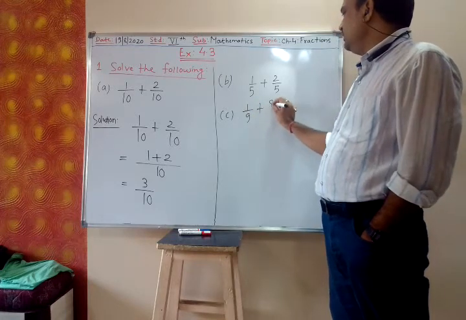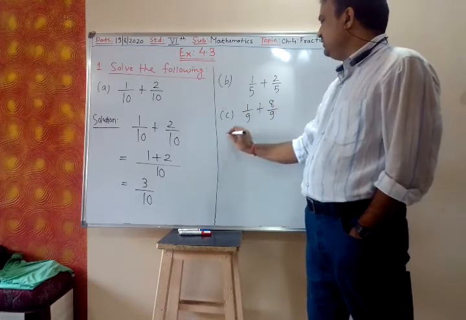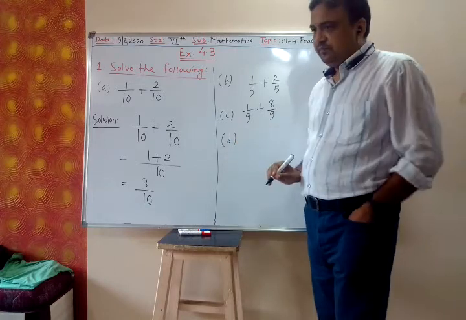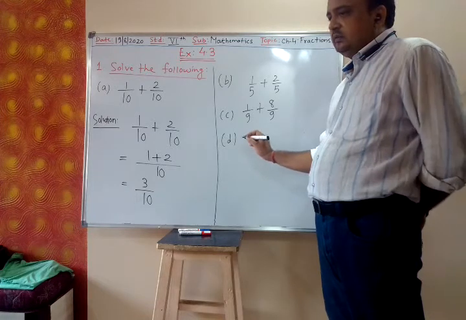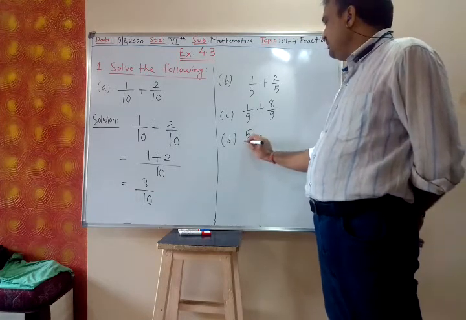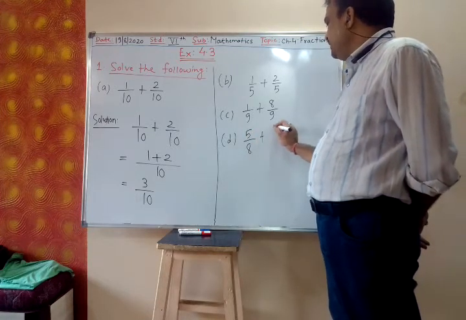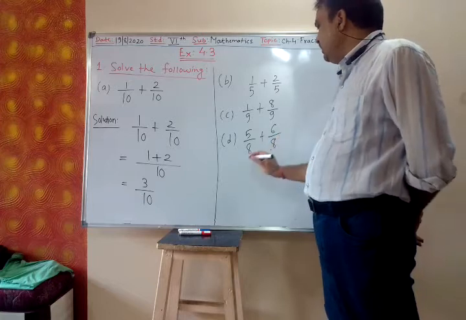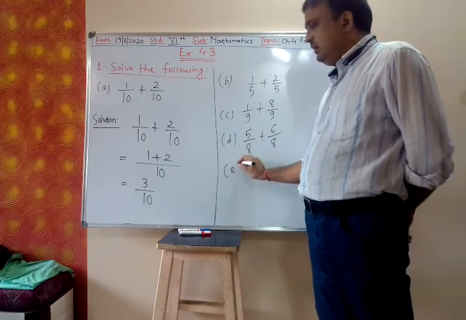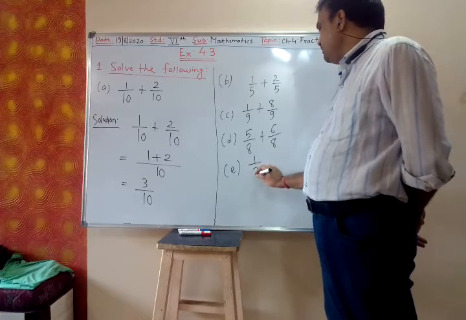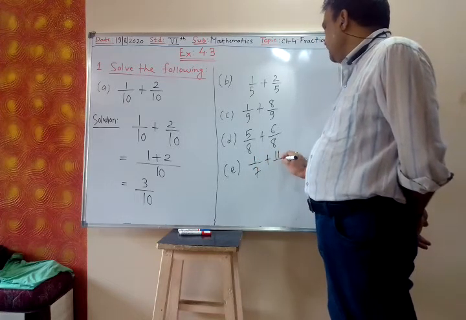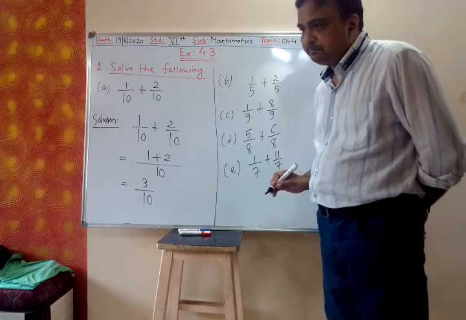This will be homework, because all are given as like fractions. D, 5 upon 8 plus 6 upon 8. Whenever they are like fractions, you can directly add the numerators. E, 1 upon 7 plus 11 upon 7. You can add the numerators because they are like fractions.